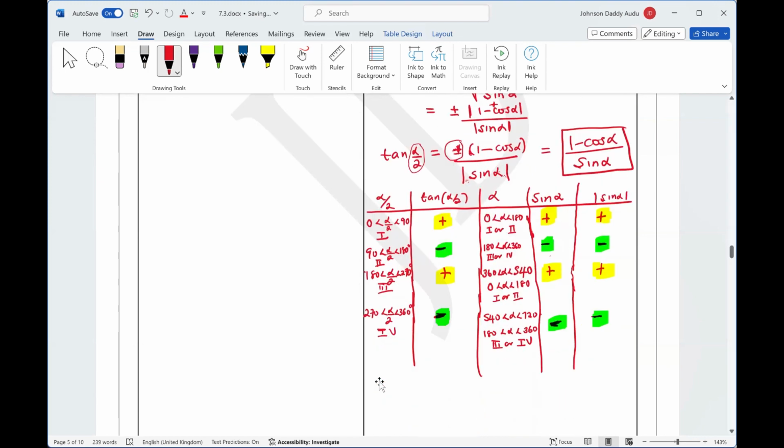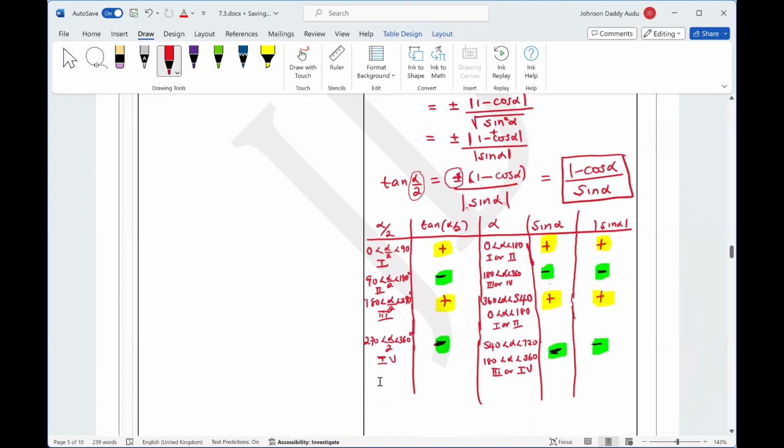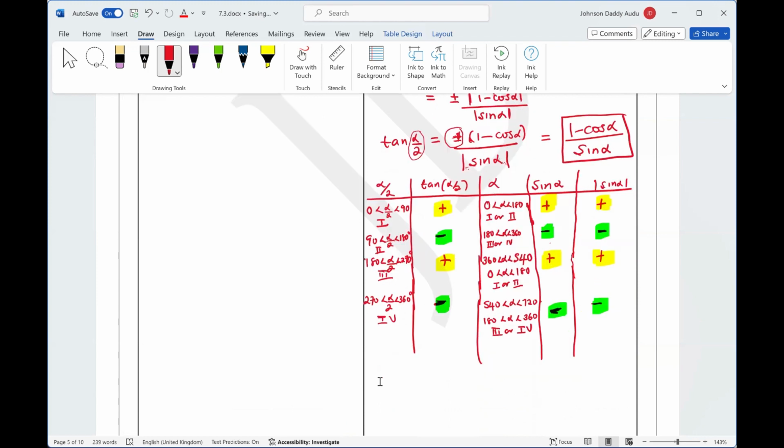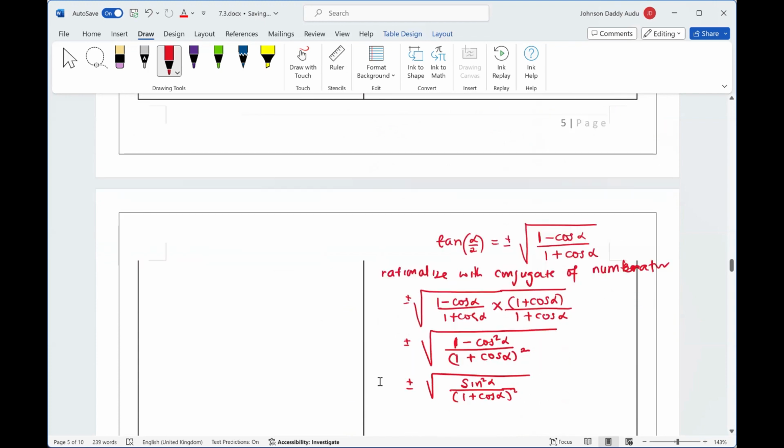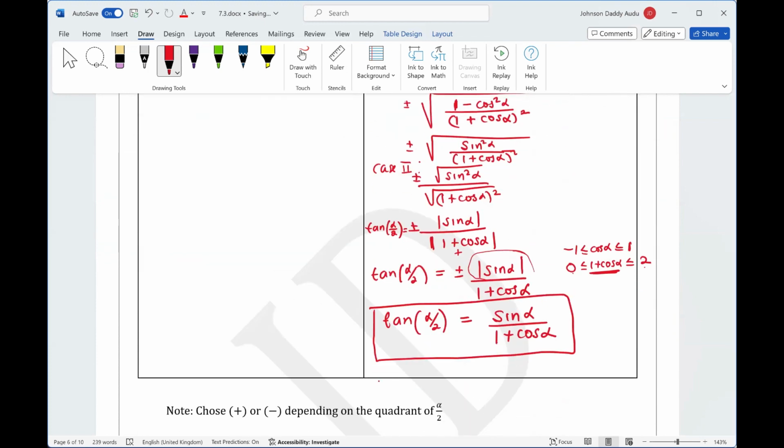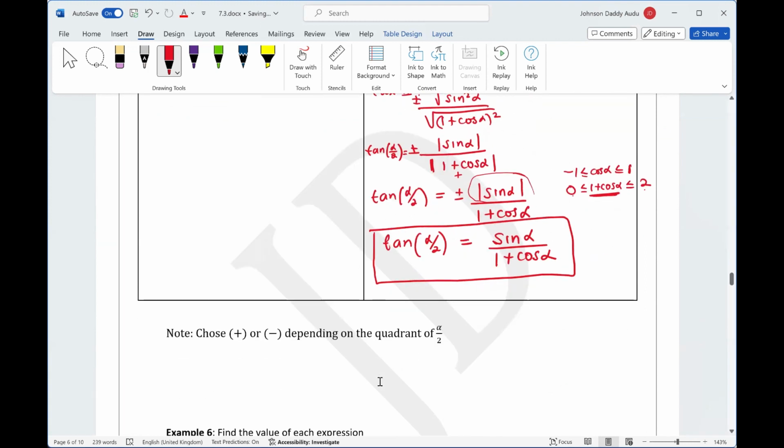So we have two formulas: either this one, 1 minus cos alpha over sine alpha, or the second one, which is sine alpha over 1 plus cos alpha. Any one we use is correct.